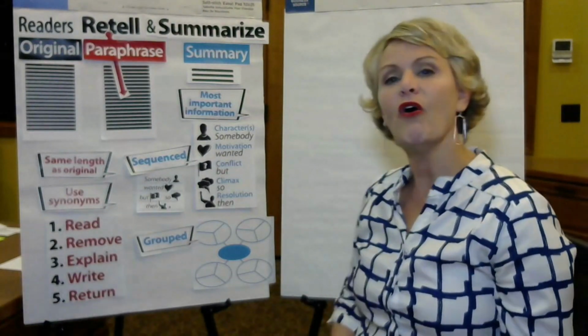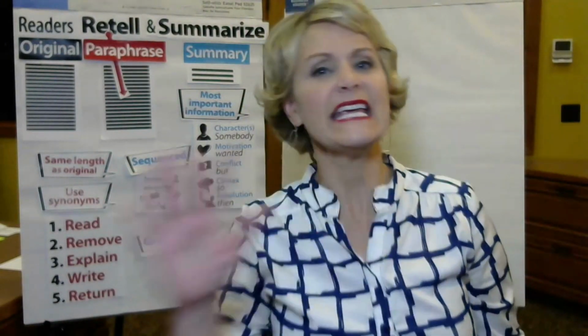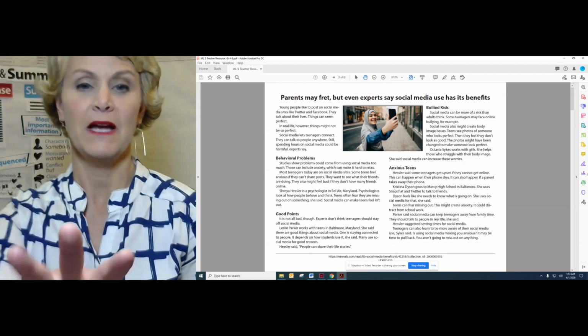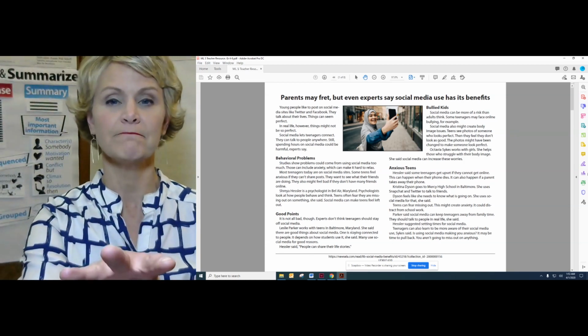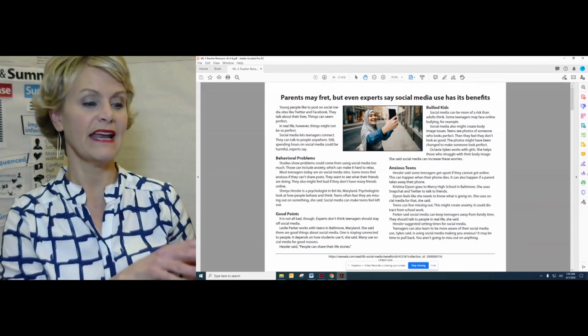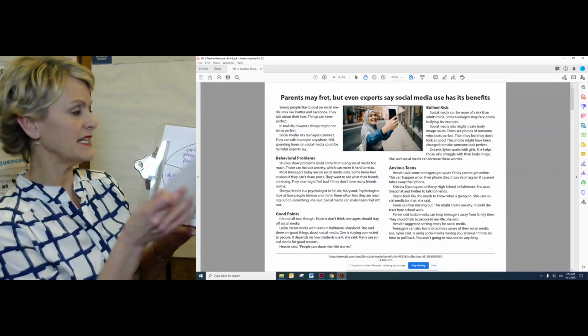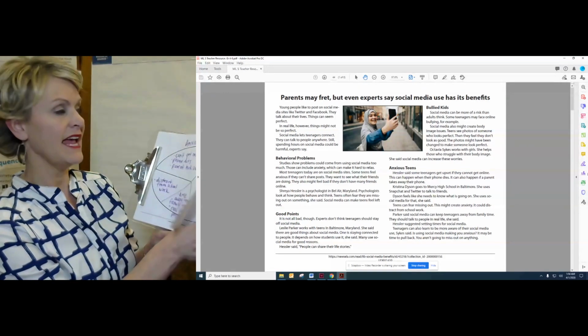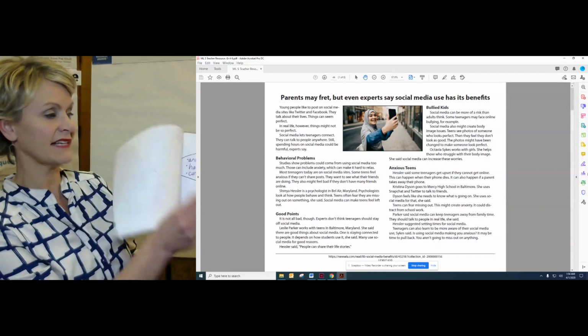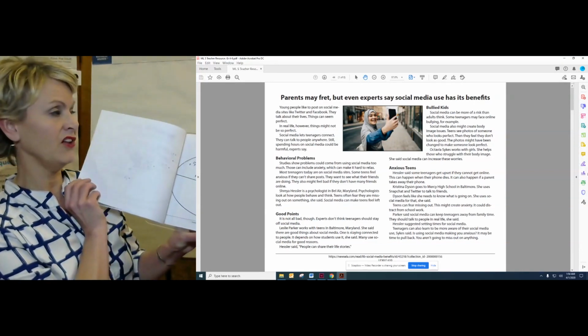And the whole key to this idea of writing a summary using your dissected web, remember we read about social media. Remember this article? We did a couple together in the last lesson, and then you were supposed to do the last few subheads yourself.